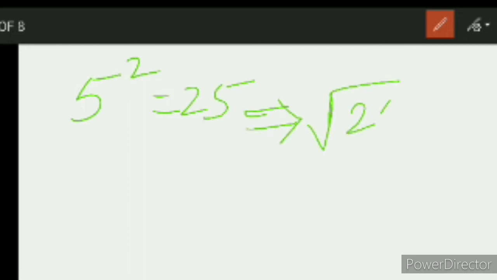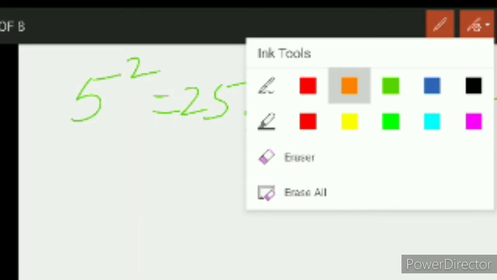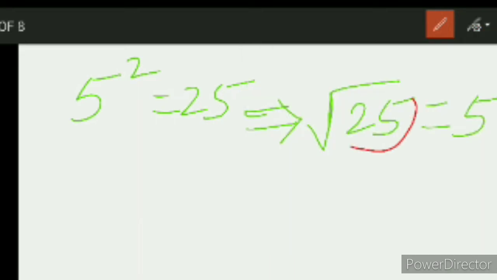One more example. See, 5 square is equal to 25. Isn't it? Square root of 25 equals 5. How? This 25 can be written as 5 square, right?